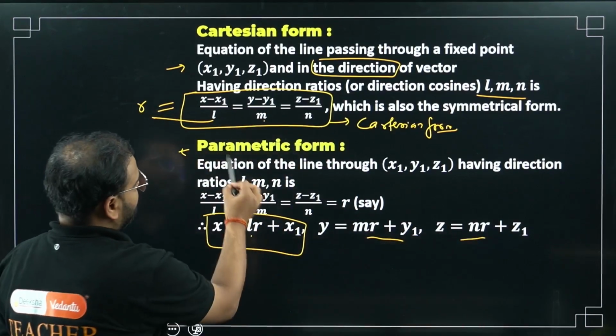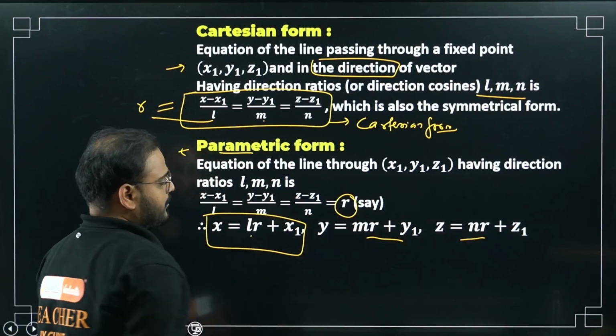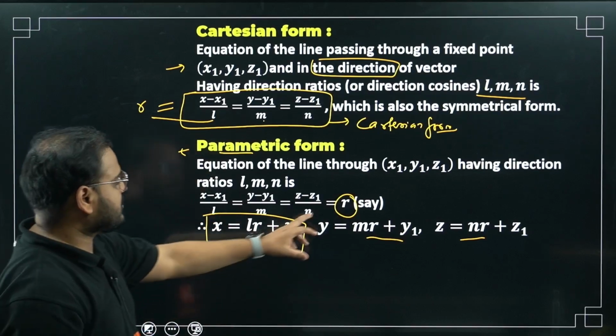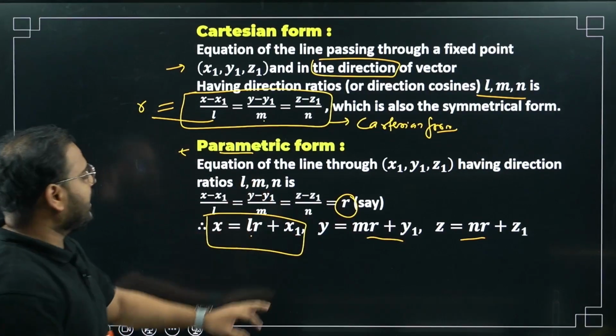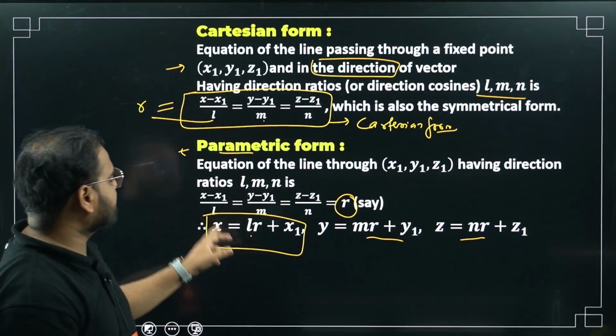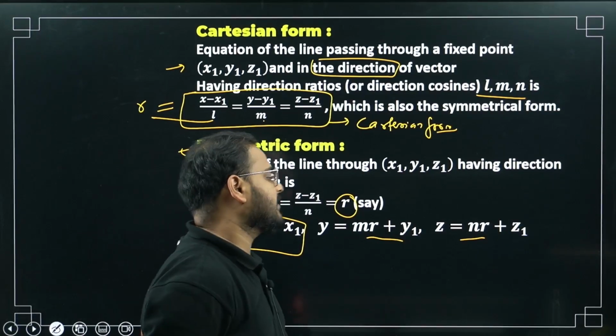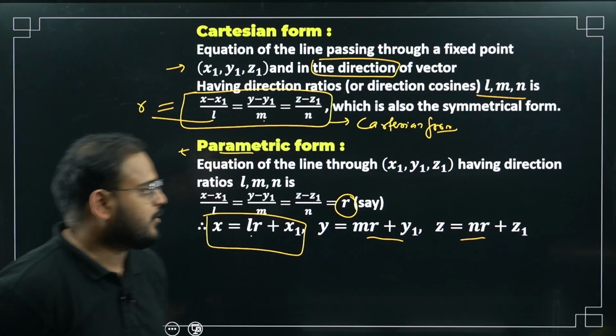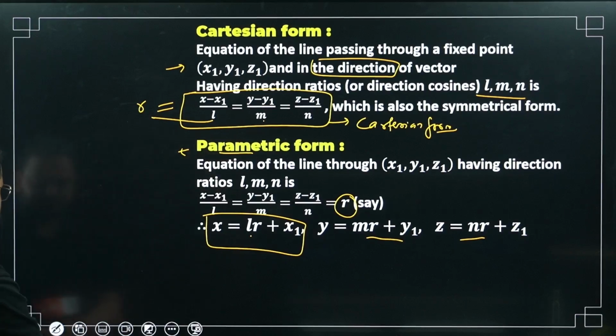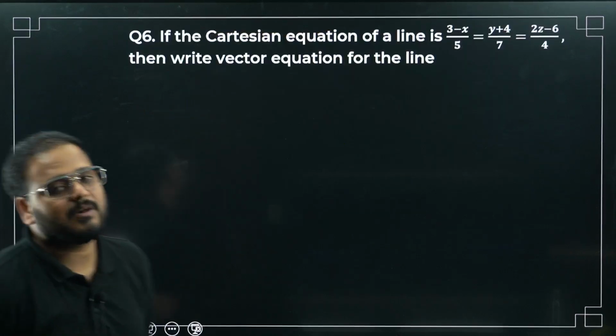This is the parametric form, and this r is called the parameter. If the ratio is constant, it can be written as parameter r, and by cross multiplying you get the x value as lr plus x1, y value as mr plus y1, and z value as nr plus z1. Okay, chaliye, let us move on and solve some more questions.